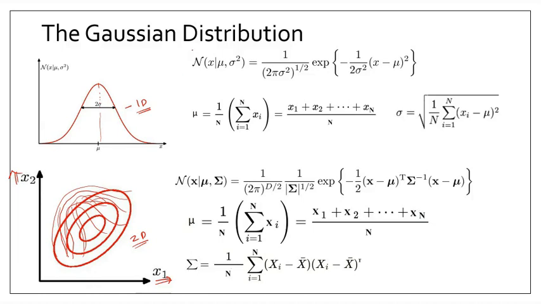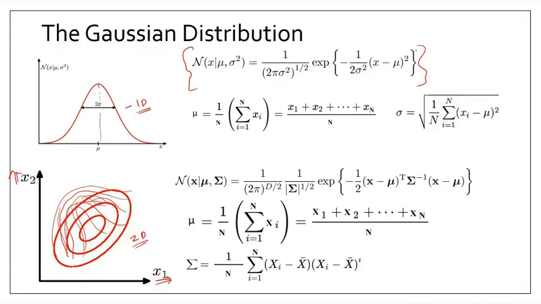Now the normal distribution is given by the formula in front of you: 1 by square root of twice pi sigma square, where sigma is your standard deviation and sigma square we call the variance, into e to the power minus 1 by 2 sigma square, x minus mu whole square.